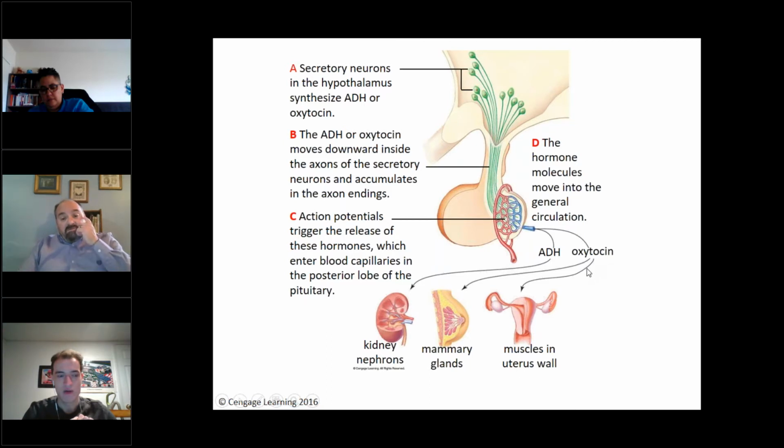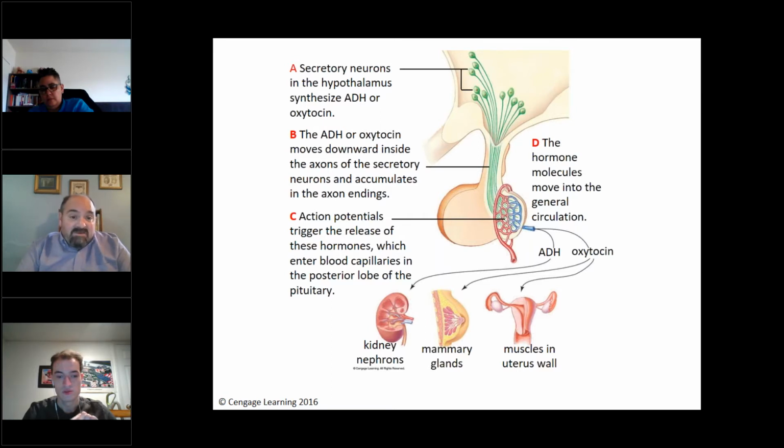Oxytocin is also involved in milk letdown, so that's why they're showing you the mammary glands, aiding in the production and release of breast milk. And the contraction of the uterine wall, oxytocin.